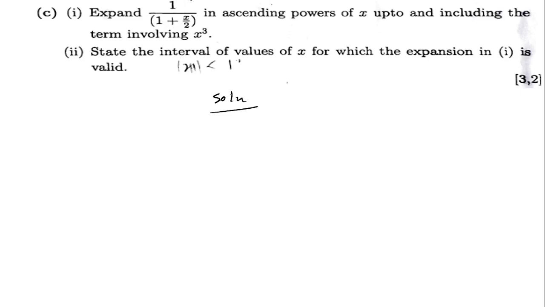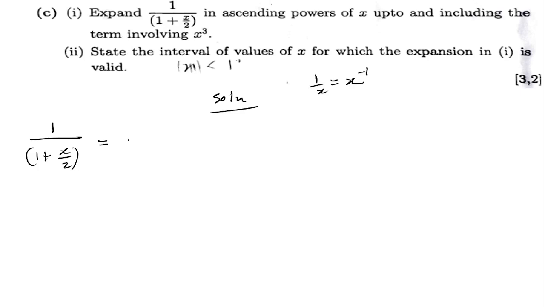Expand that in ascending powers of x up to and including the term involving x cubed. Very easy question. So you have 1 over x plus x over 2. When something is 1 over x, it is the same as x to the power negative 1.